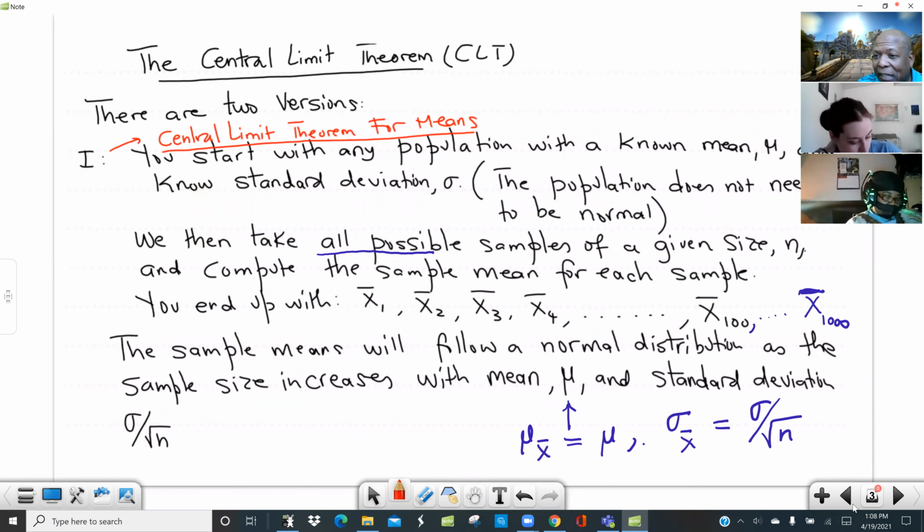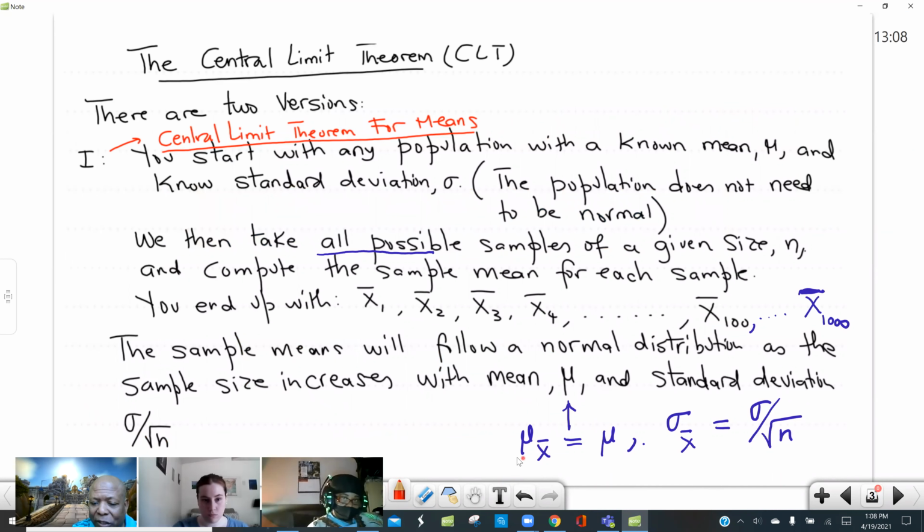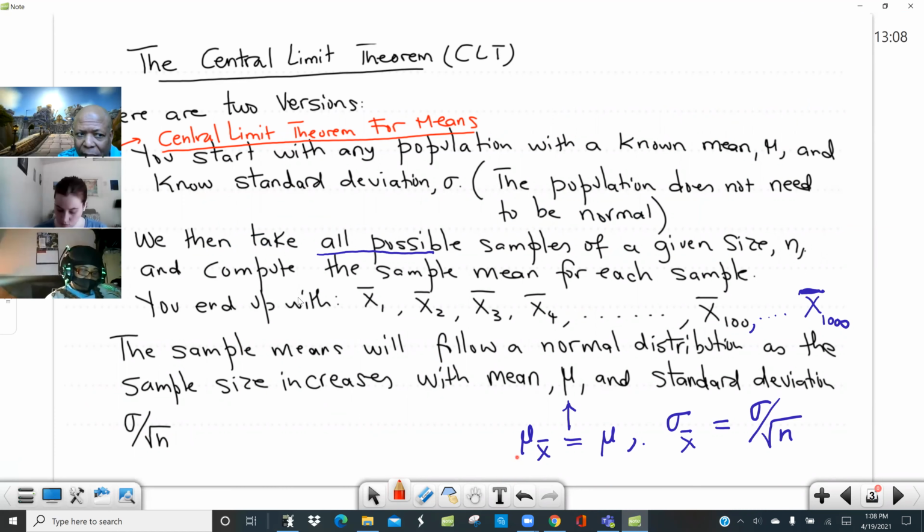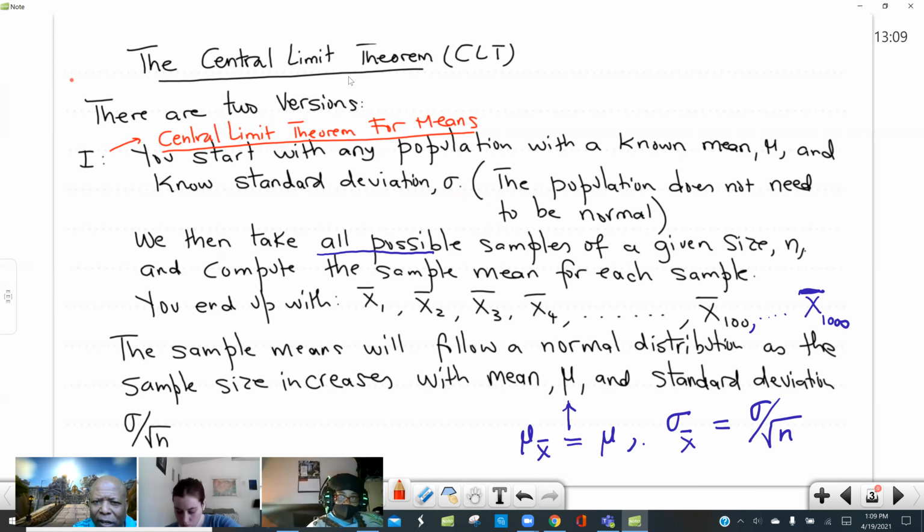So to that end, there are two versions of what they call the central limit theorem. The first version is what we call the central limit theorem for means. And here's what they do. You start with any population with a known mean and known standard deviation.